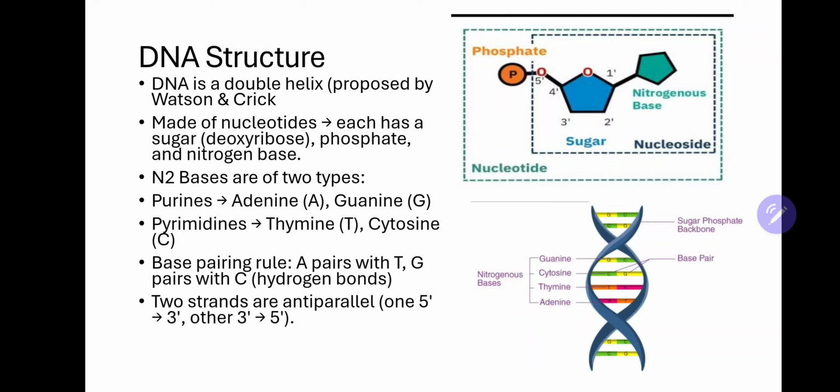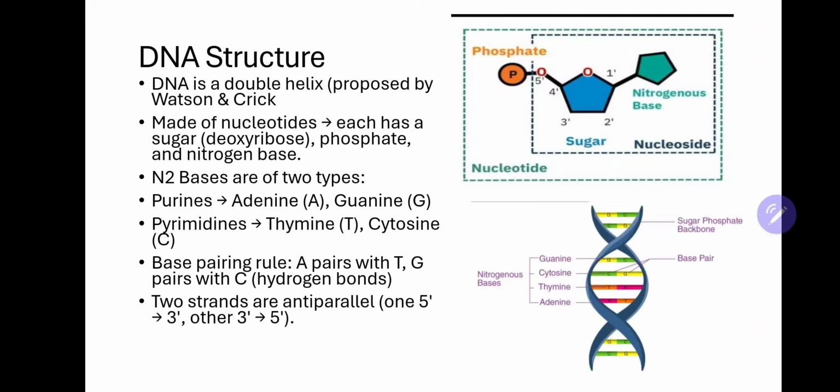If the sugar molecule is deoxyribose, then it is deoxyribose nucleic acid, or DNA. And if the sugar is a ribose sugar, then it will be RNA, ribose nucleic acid. Okay, so in DNA, the sugar molecule is deoxyribose, and it also consists of phosphate and the nitrogen base.